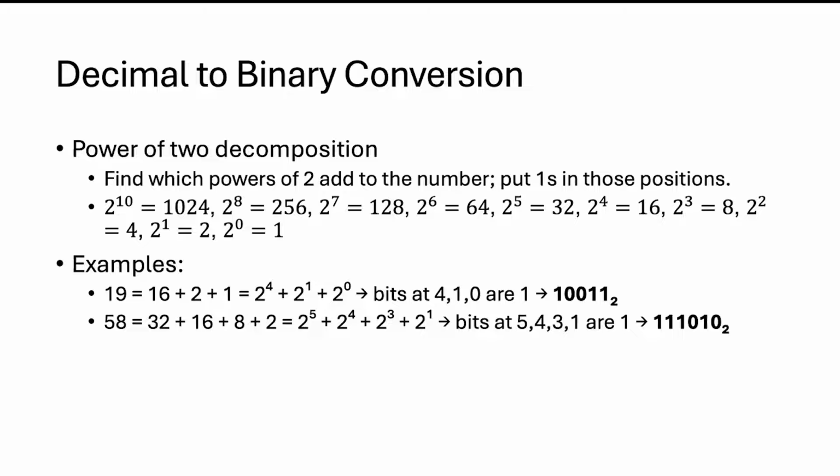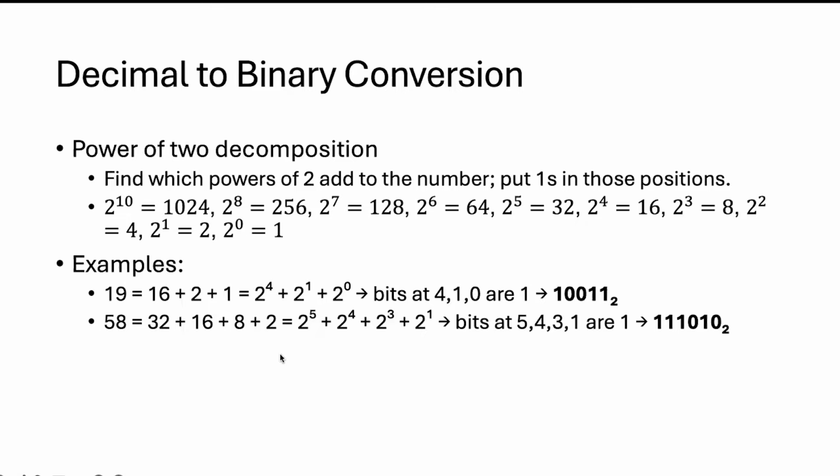Similarly, you can do the calculation for 58. The largest power of 2 will be 32, and the next will be 16, because they add up to 48, right? So it's still less than 58. Then we can add 8. 48 plus 8 will be 56, and then plus 2 will be 58.